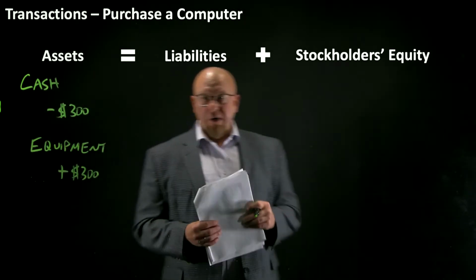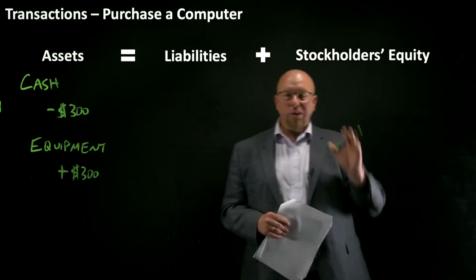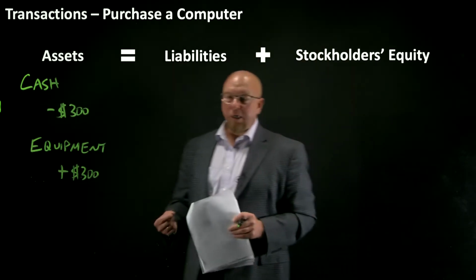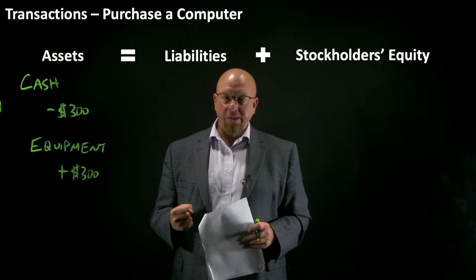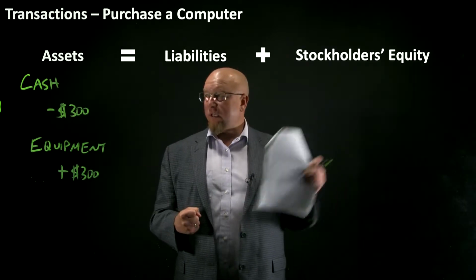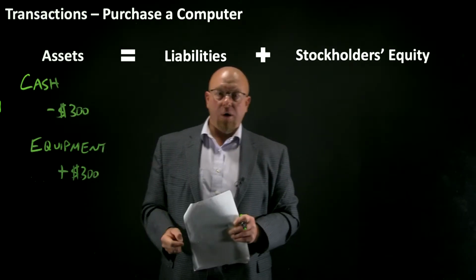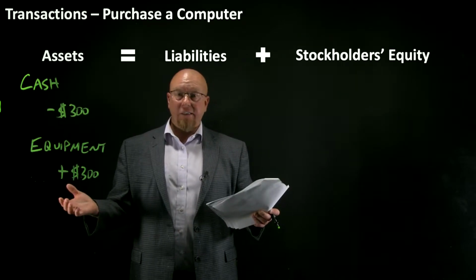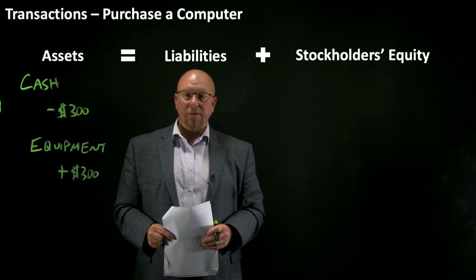So for this particular transaction, there's nothing affecting liabilities or stockholders' equity. All we're doing from the company's perspective is we're taking $300 of that cash that, yes, we obtained from the shareholders, and we're using the cash to buy a different asset called equipment. Total assets stay the same. They just change categories by the amount of $300.